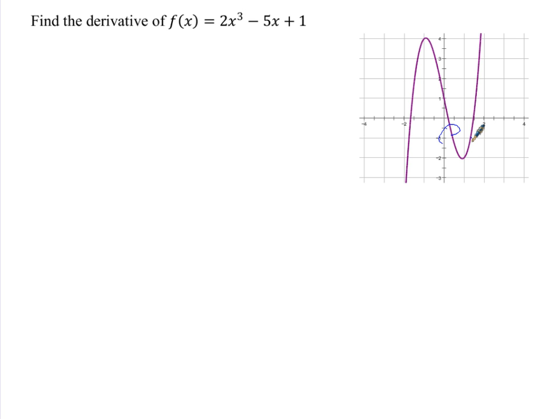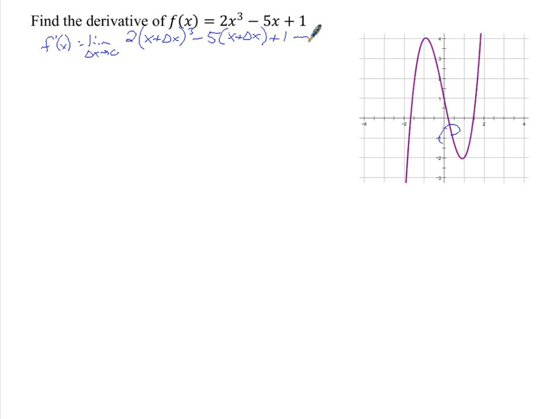When you take f prime of x equals the limit as delta x goes to 0, and then you put x plus delta x in for x. So I'm going to write 2 parentheses x plus delta x cubed minus 5 open parentheses x plus delta x, plus 1, minus that.